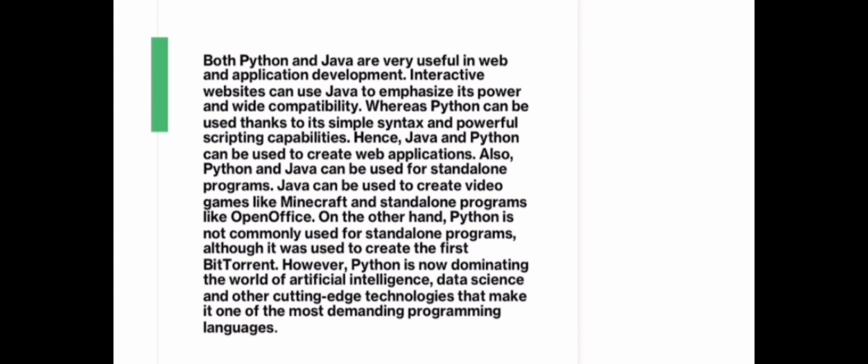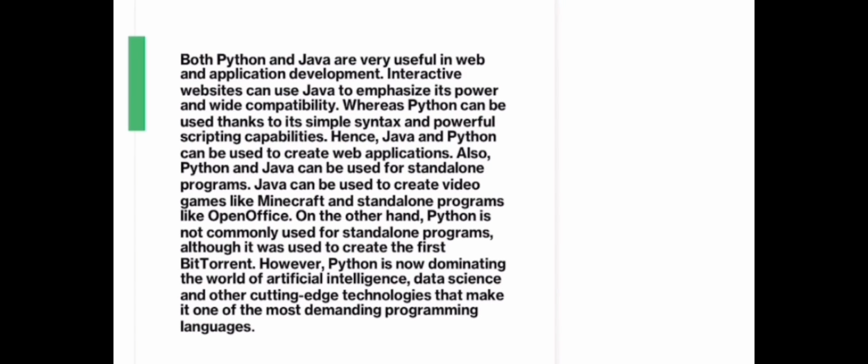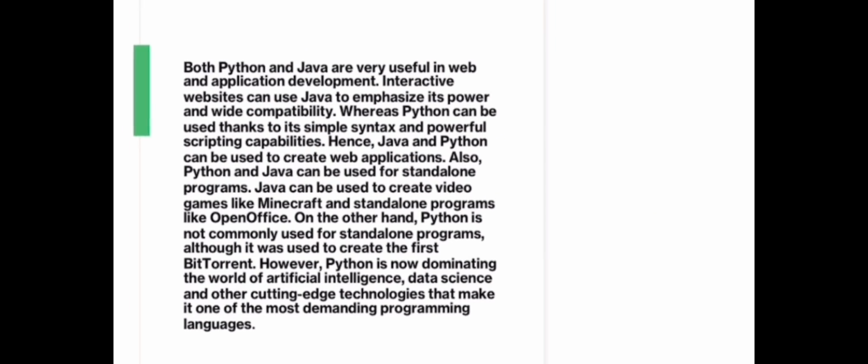Java can be used to create video games like Minecraft and standalone programs like OpenOffice. On the other hand, Python is not commonly used for standalone programs, although it was used to create the first BitTorrent.